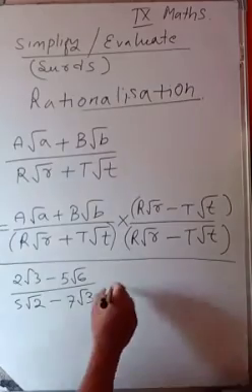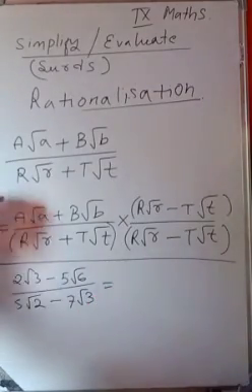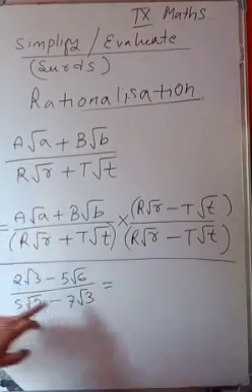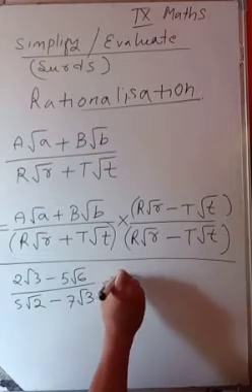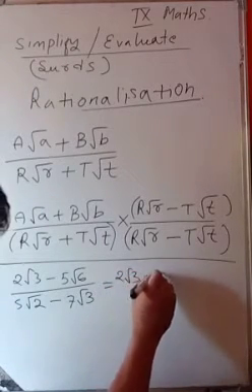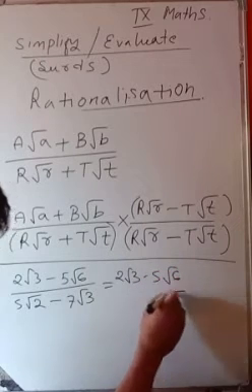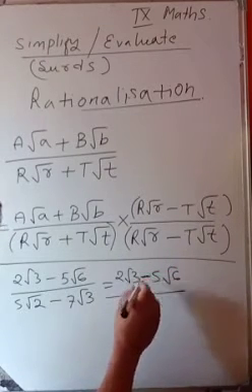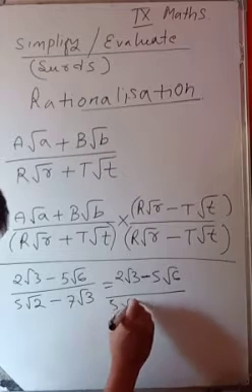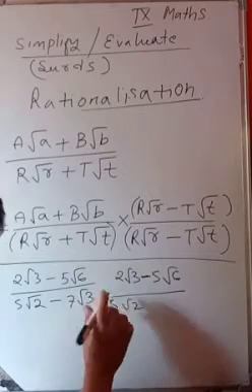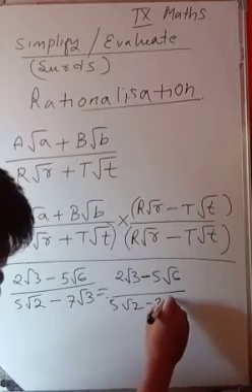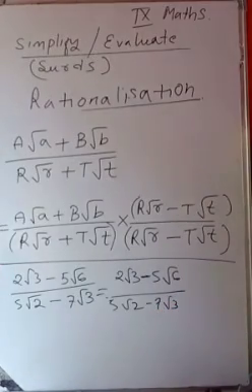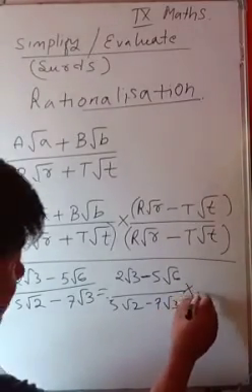Now what was the rule? First you have to write the same thing: 2 root 3 minus 5 root 6 divided by 5 root 2 minus 7 root 3. Now multiply by which number?